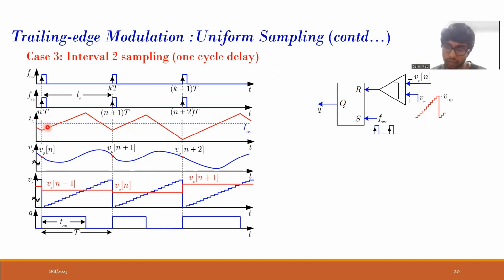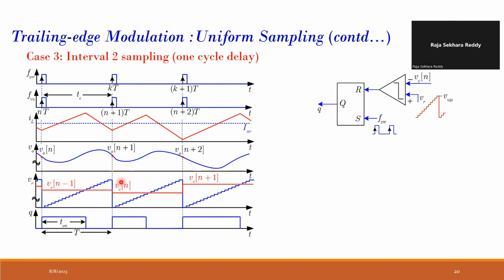We can take the computed value of the ADC and generate the VC of N. But we will update that value in the register only after this delay of TS. So that all will be written in the code: when exactly we must update it, and what must be the delay.